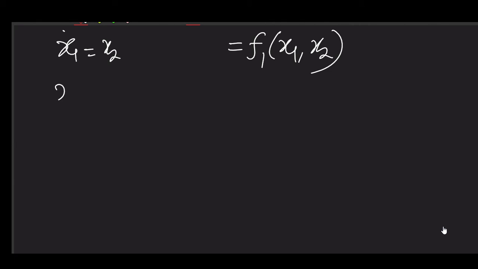So let us take an example of a phase lock loop system: x1 dot is equal to x2, where you can think about it this way, and x2 dot is equal to minus c sine of x1 minus a plus b cos of, sorry, this is the phase lock loop model.